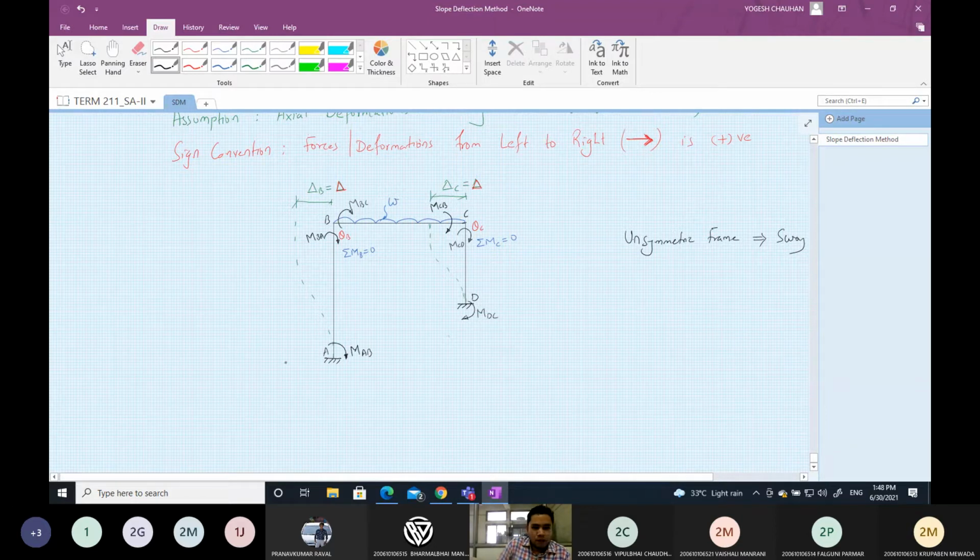And let the horizontal reaction at A be HA, and the horizontal reaction at D be HD.